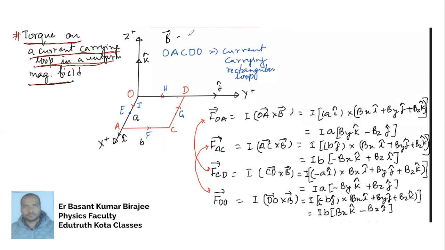Bx i plus By j plus Bz k. It is in component form. So you have a current carrying loop, and it is placed in a uniform magnetic field. This is the field here.